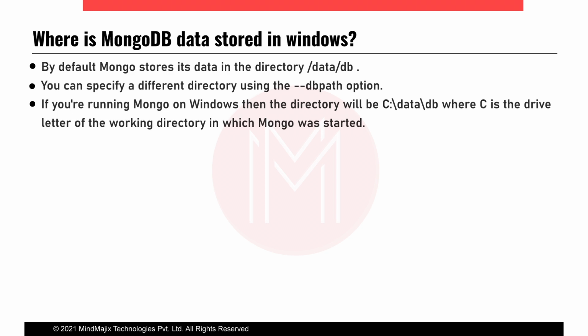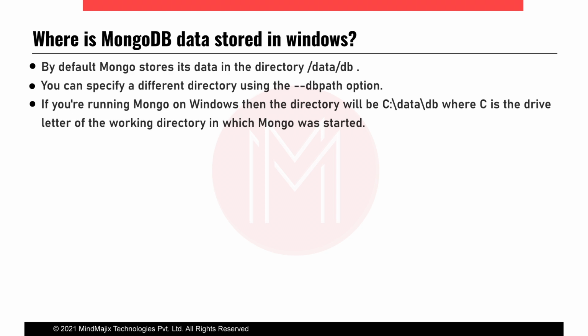Next, we may want to specify a different directory, to move to some other directory or to do replication. We can use the dbpath option. There are a lot of options for storing the locations of your transaction details. If we are running on Windows, the directory is basically C:/data/db.